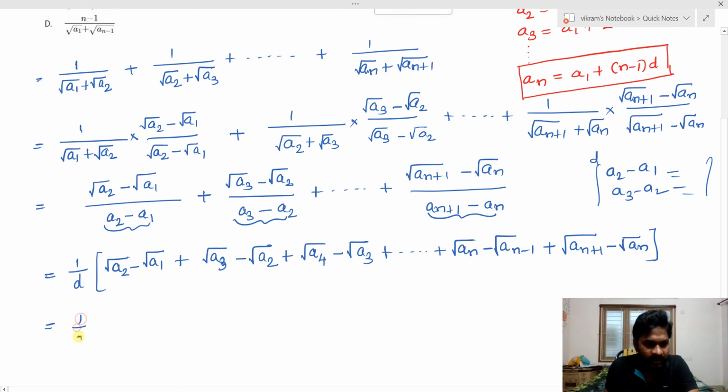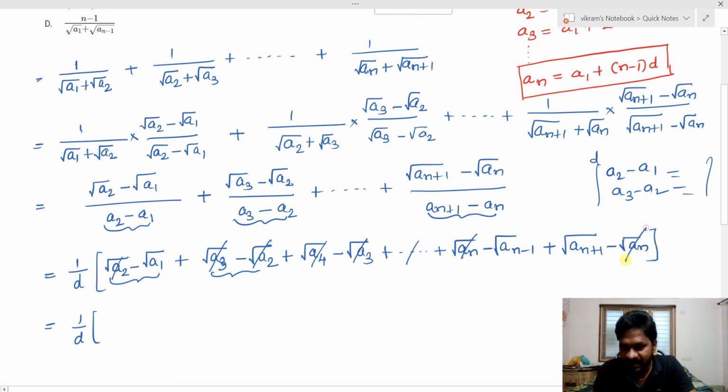If we observe over here, 1 by d into, now the first term cancels with the second term in the next term, and so on. The first term in this one, the second term in this one. Similarly, the second term will be cancelled out.